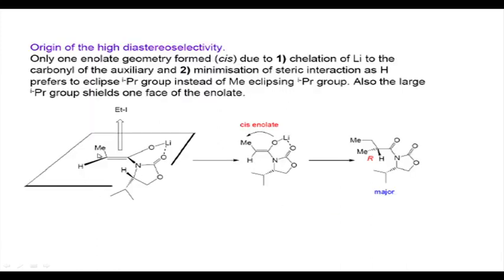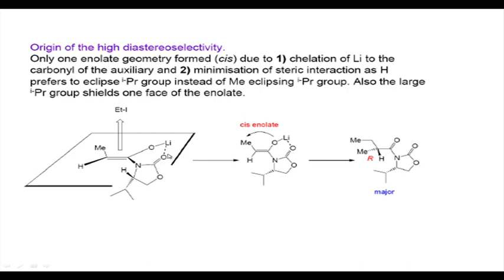Okay. So, this is the compound. Usually this type of enolate is obtained, that means the methyl is on this side and the hydrogen is on this side, and this is the OLi, this is the carbonyl. There is a chelation formed between this OLi and the carbonyl.